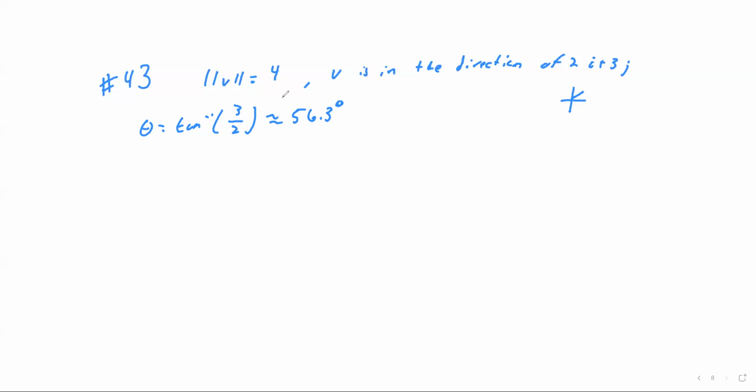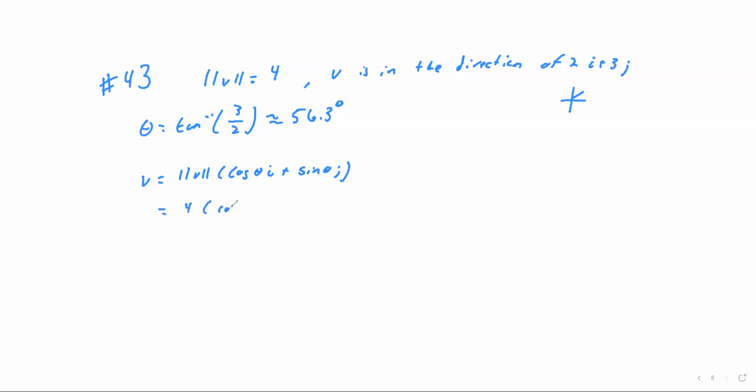Now to find the correct component form that I want, I have to start off by stating that this is going to be the magnitude of v times the cosine of theta i plus the sine of theta j. So now I'm going to plug in what I know.